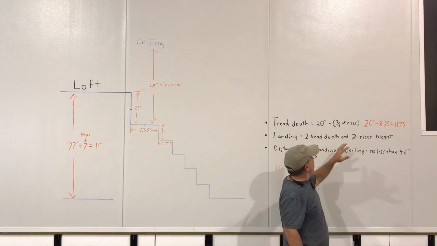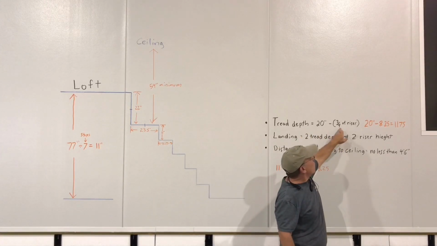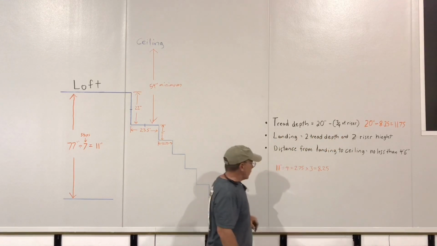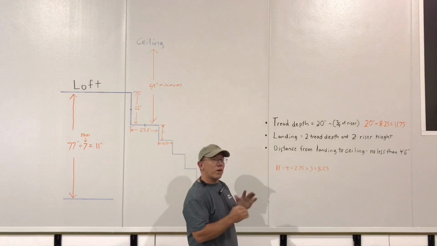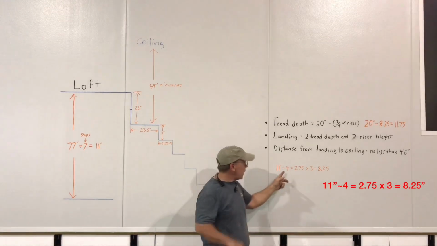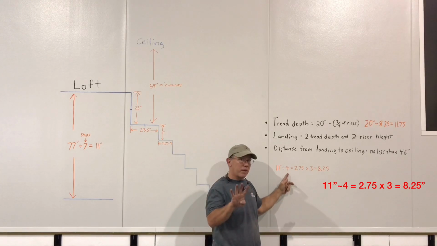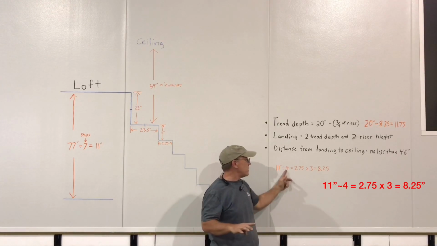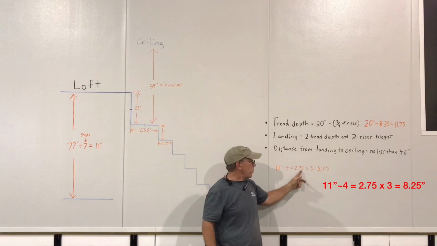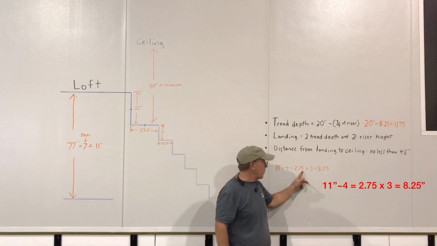We're going to take that over here. Remember, we need 3/4 of that 11 inches for our formula. Here's how we get 3/4 of the riser height. We take our 11 inches and divide it by 4, so we make it into 4 quarters. This is just easy math. 11 divided by 4 comes to 2.75 inches, 2 3/4 inches.